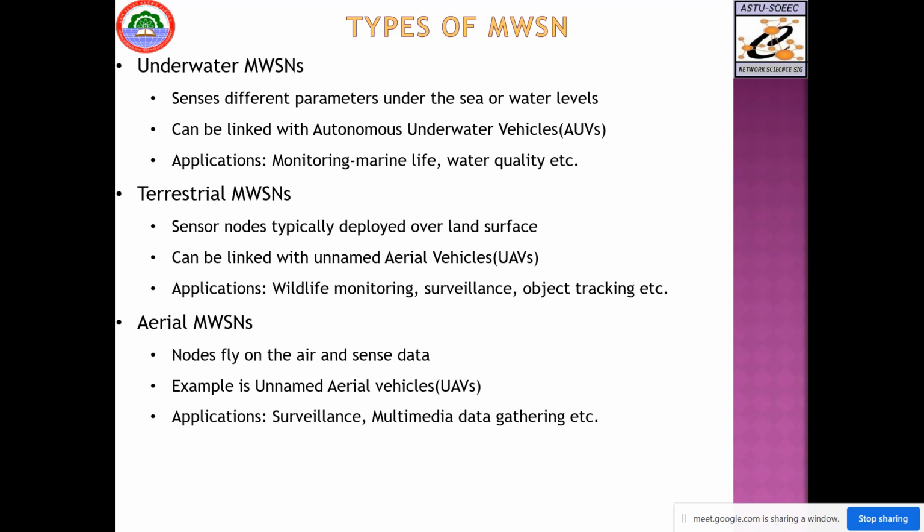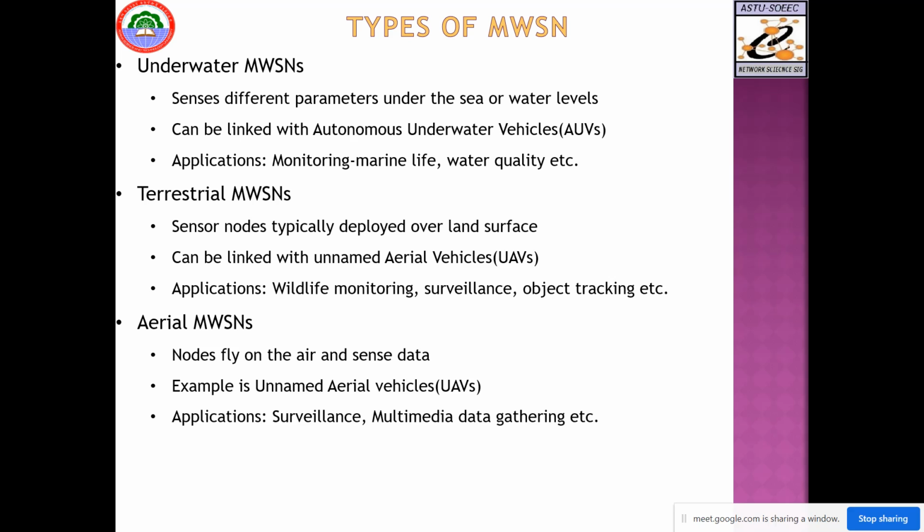So these floating nodes may transfer the data, just like the autonomous underwater vehicles, the vehicles which travel inside the water and are managed autonomously. There is no human intervention required.